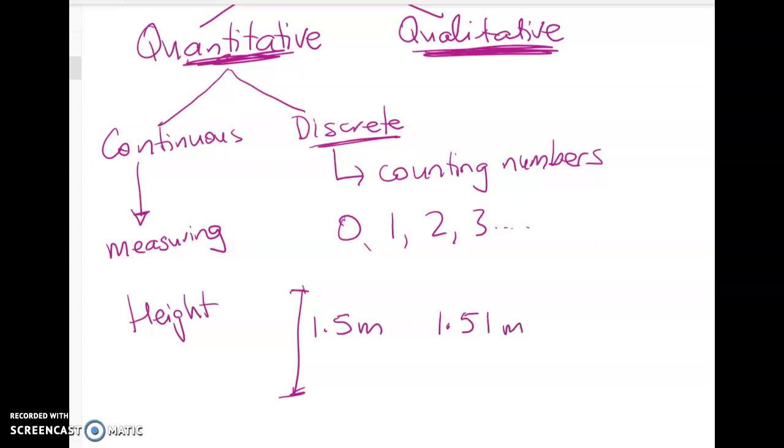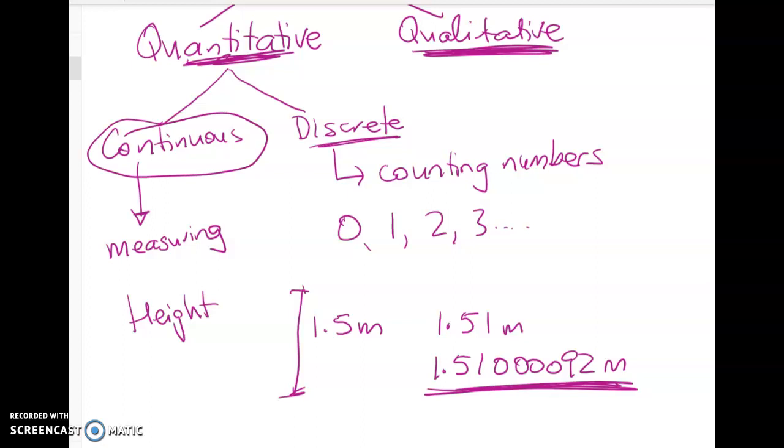That's to the nearest centimetre. But if you got even more accurate, you could say that no, actually it was 1.50000092 metres, and so on. So there's no limit in theory to how accurately we can measure it. And when that's the case, we've got continuous data.